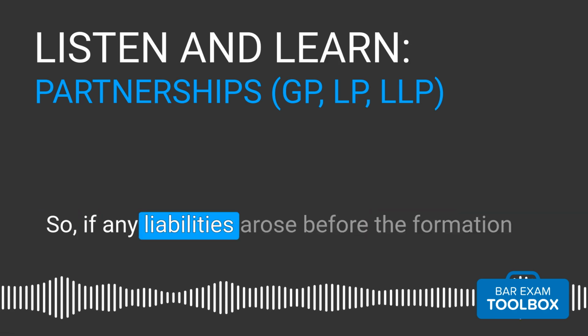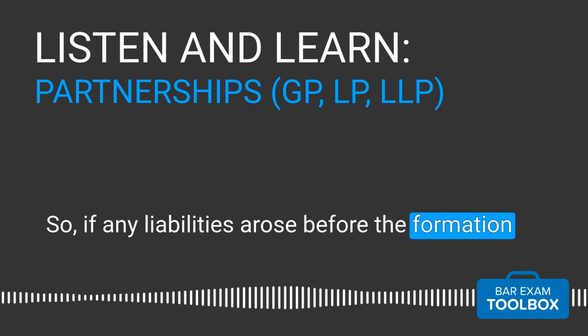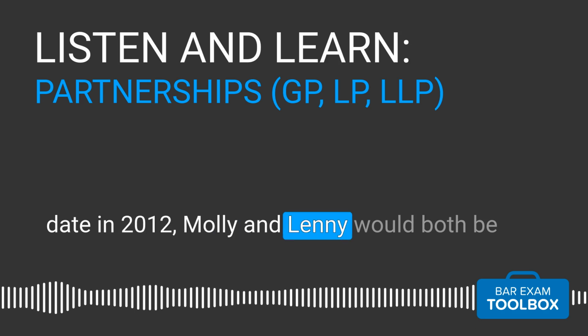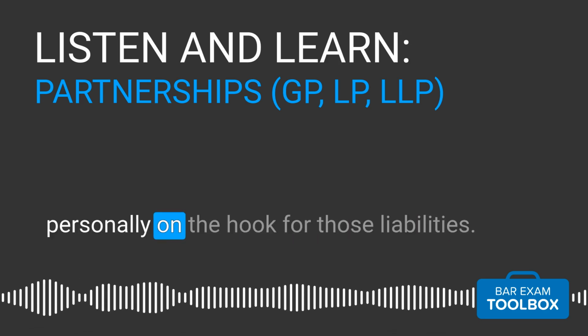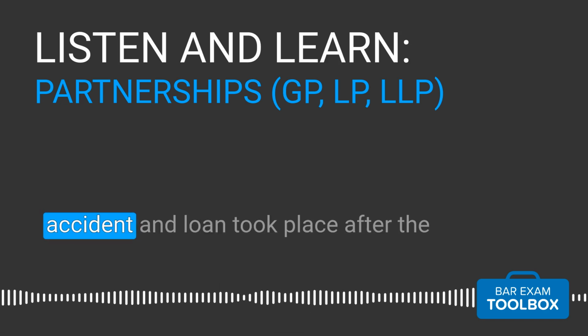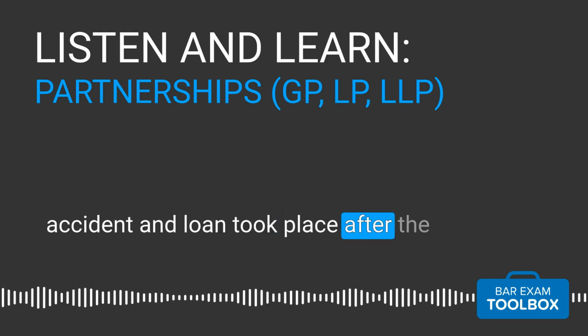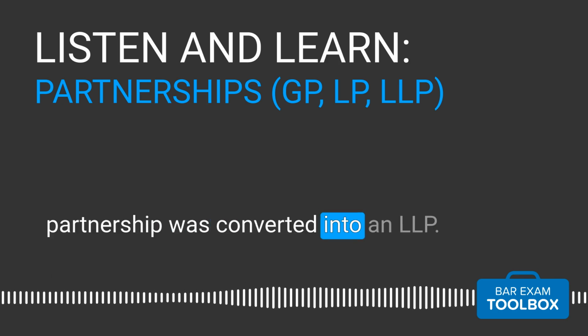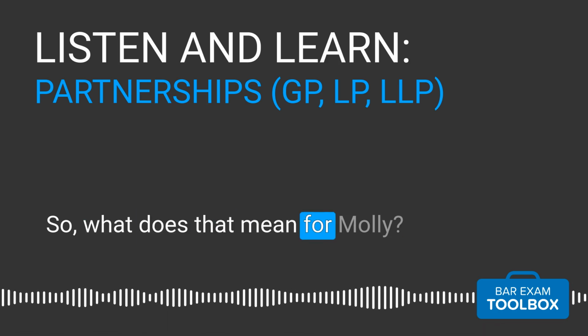So if any liabilities arose before the formation date in 2012, Molly and Lenny would both be personally on the hook for those liabilities. In this case, however, the car accident and loan took place after the partnership was converted into an LLP. So what does that mean for Molly?